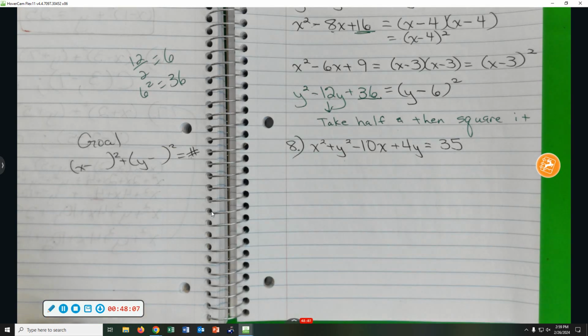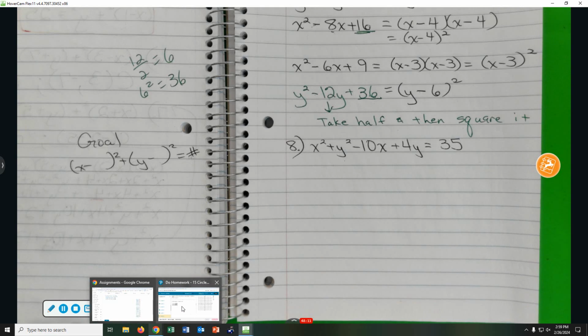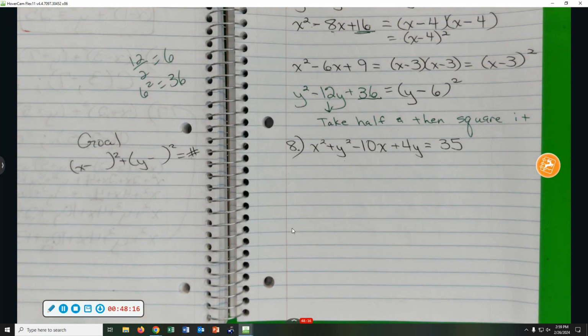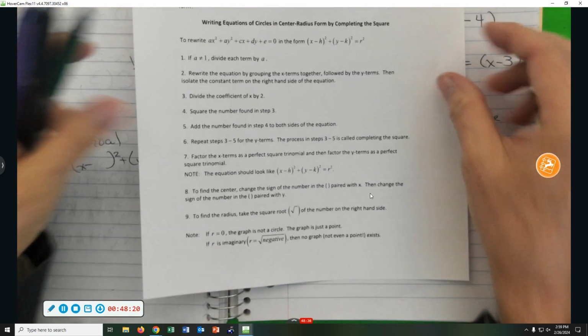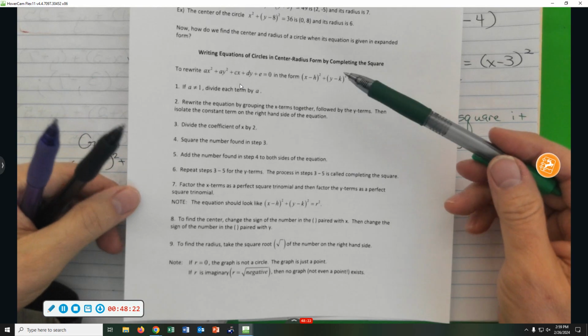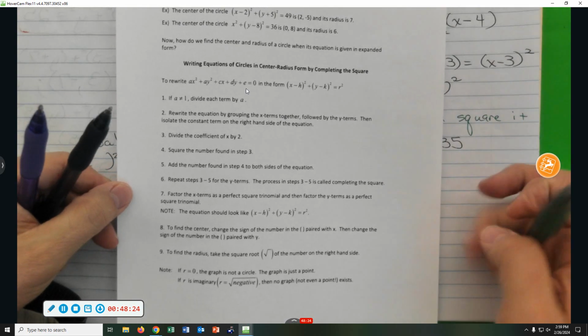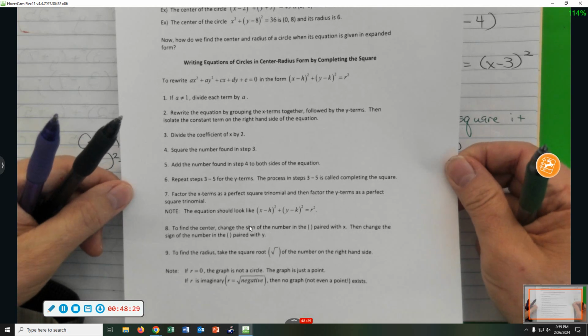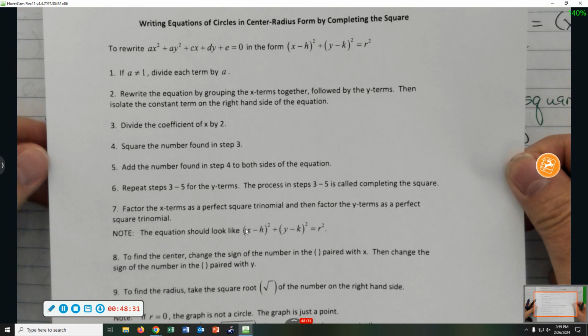Look at the handout. I don't recall downloading that circles handout on the display. So look right here. Writing equations of circles in center radius form by completing the square. Completing the square is this process of creating perfect square trinomials.